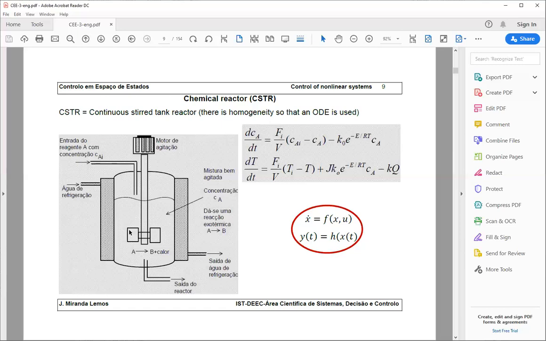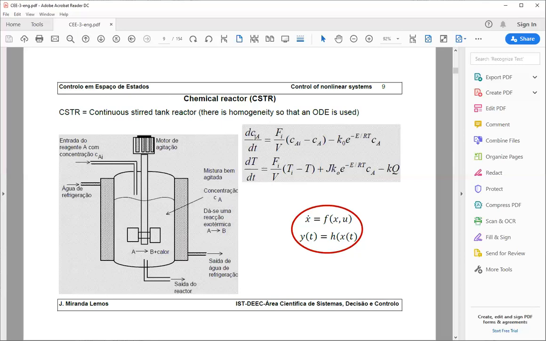How can we model this system in particular? Well, you can do a mass balance of a species and an energy balance, these two balances, and you end up with these two equations. The first is concerned with the mass balance. The second is concerned with an energy balance.